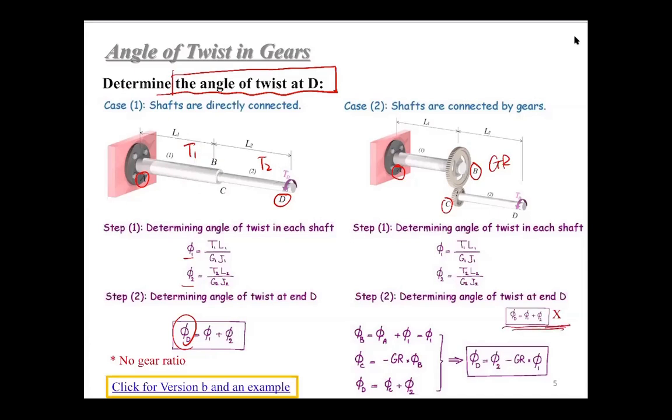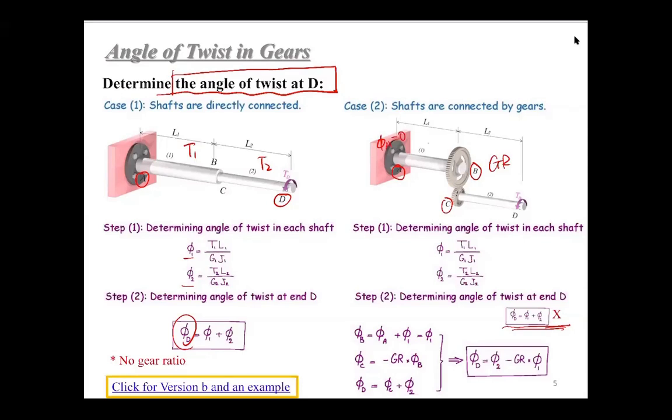This is wrong, because of the gear connection. So you have to do this analysis from the fixed end to figure out how to determine phi D. From the fixed end, phi A equals 0, right? Because it's a fixed end.